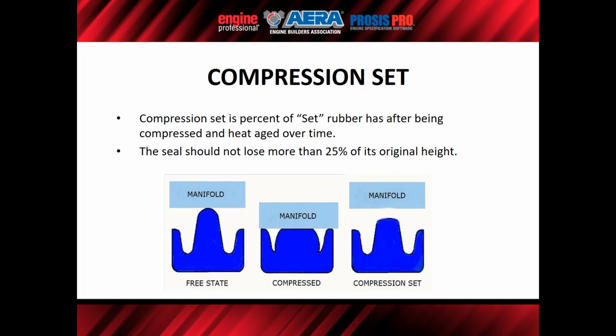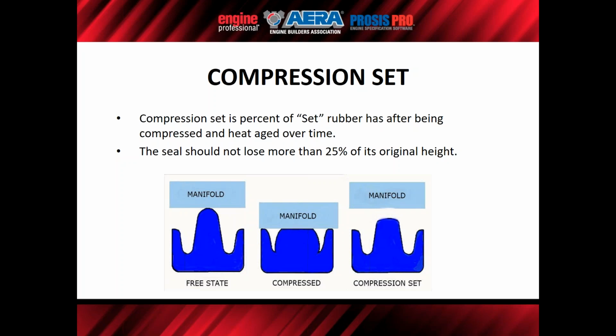You get above 25%, you're starting to get into the range where the seal is not loading enough, and you're going to potentially leak, or the flange, say on a plastic manifold, warps a little more than it should. Now the set is not allowing the seal to recover enough to make contact and provide enough load to seal.